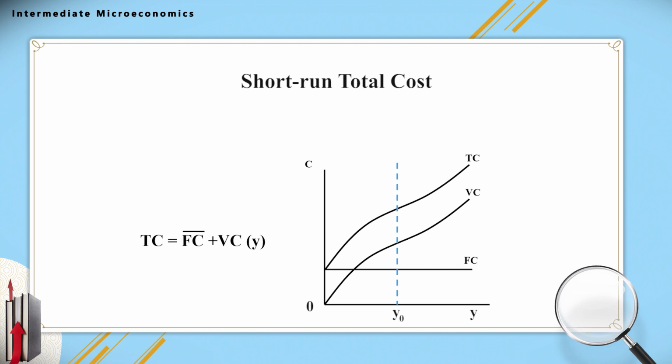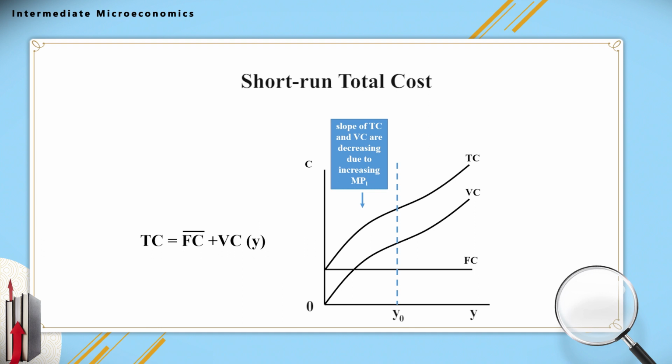Before the output reaches Y0, marginal product of variable factors is increasing. That is, the marginal amount of input that needs to be added for one additional unit of output gradually decreases. So the total cost and variable cost have decreasing growth rate.